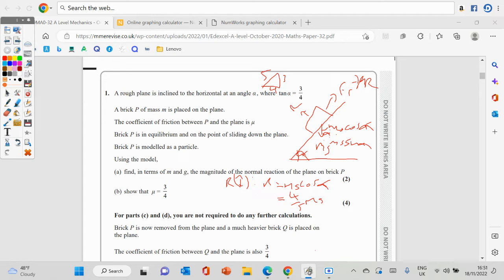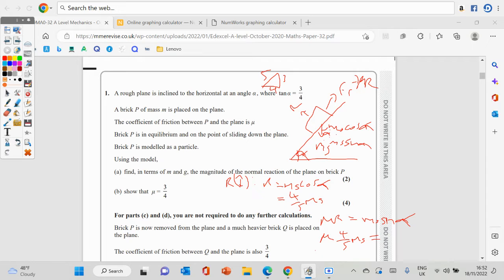Part B, show that mu is equal to 3/4. If we want to get mu equal to 3/4, we need to resolve parallel to the plane. So resolving parallel to the plane, we're going to get the frictional force, i.e. mu times the normal reaction, equal to mg sin alpha. We know what R is already, so it's mu times 4/5 mg.